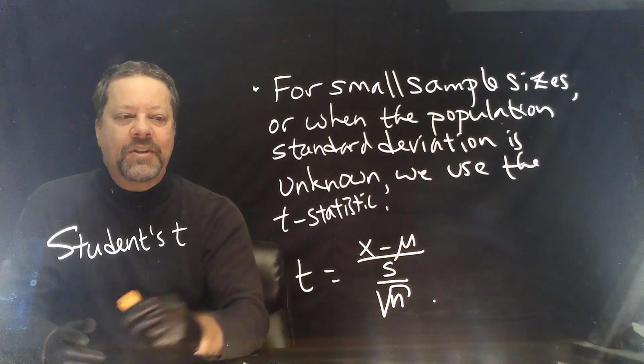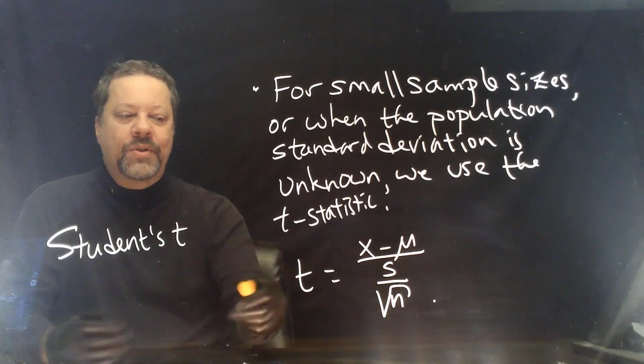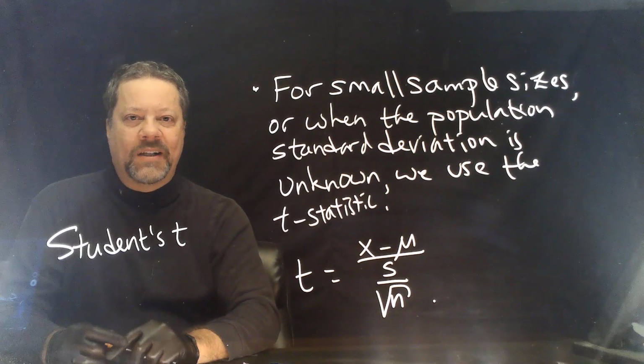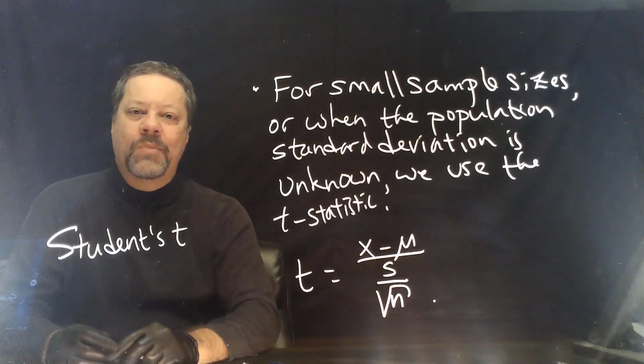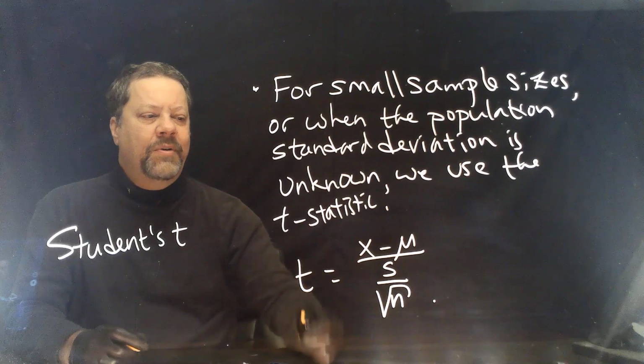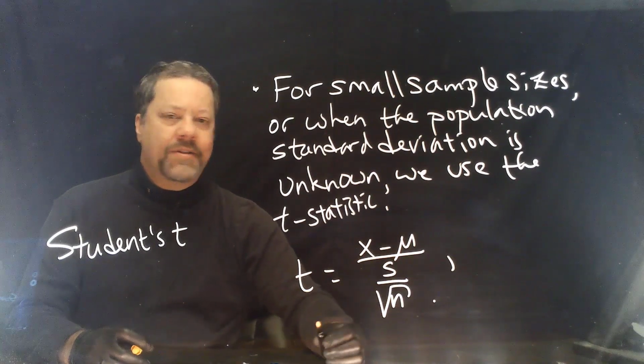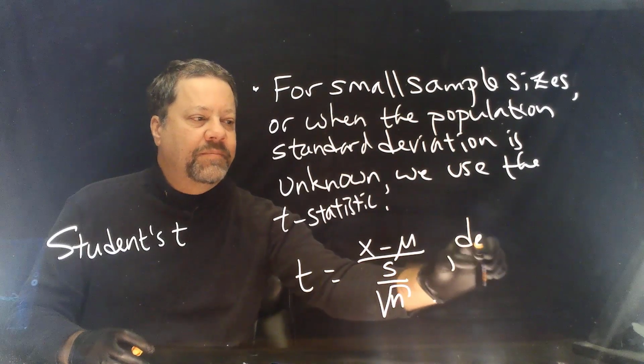And just like we had a distribution of z-scores, there will be a distribution of t-scores as well, the Student's T distribution. There are two things we have to add about this. First of all, there's something called degrees of freedom.